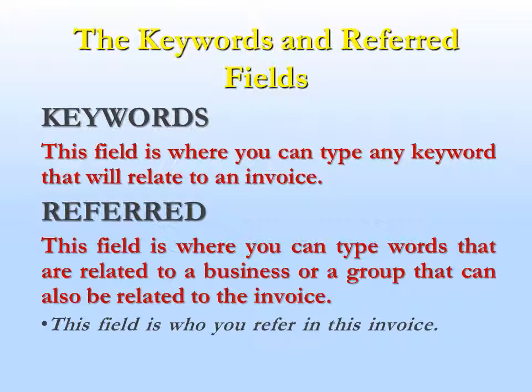This field is where you can type any keyword that relates to an invoice. Referred. This field is where you can type words that are related to a business or a group that can also be related to the invoice. This field is who you referred in this invoice.